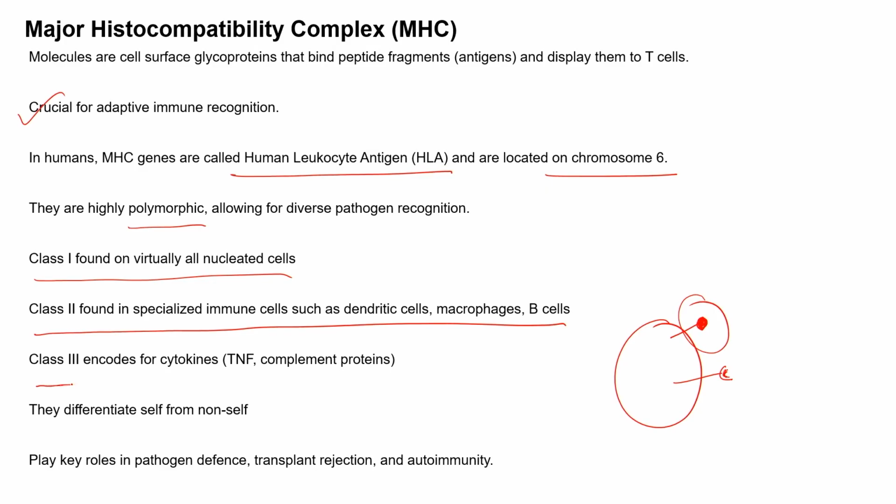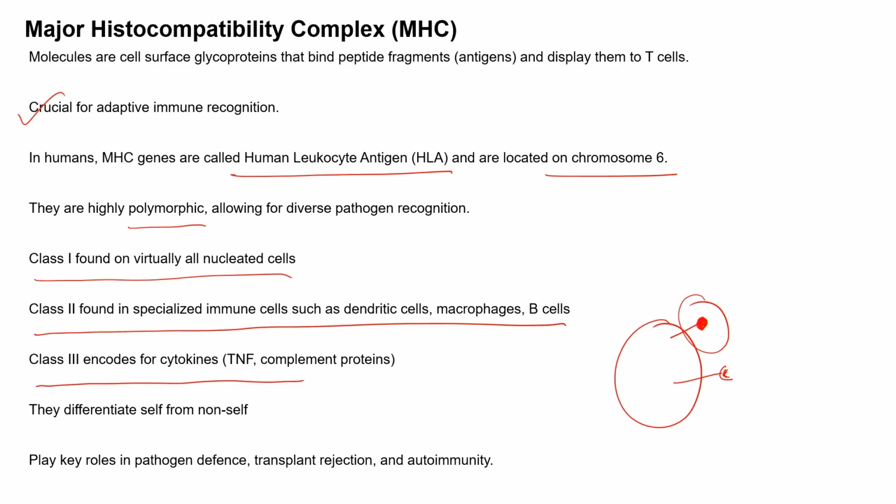While class 3 is actually not producing any immunity based response or not presenting an antigen, but they are responsible for production of cytokines such as tumor necrosis factor, TNF, or different complement proteins, which we have discussed in our earlier classes, the proteins responsible for complement fixation, or the processes such as opsonization or any other complement pathways.